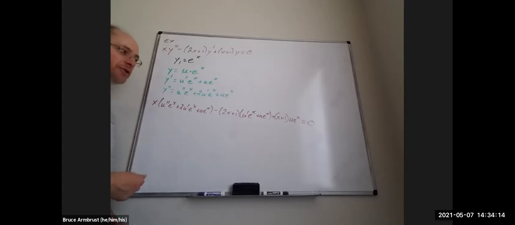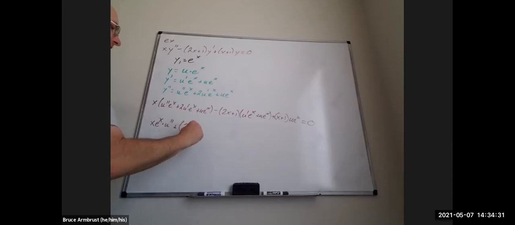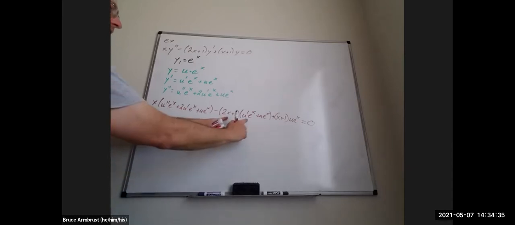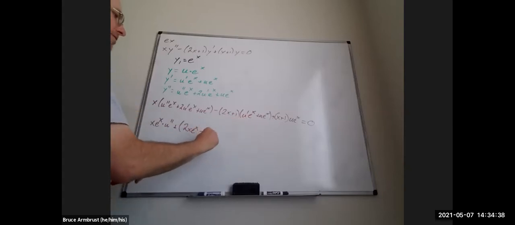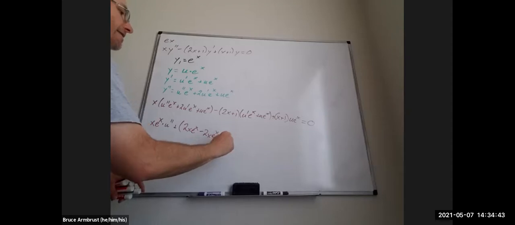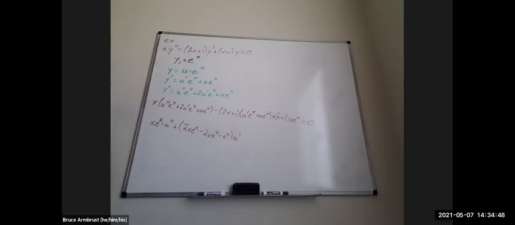And now let's group them according to u's. So for the u double prime, we're going to get x e to the x times u double prime. For the u primes, we're going to get 2x e to the x, that's this piece. We're going to get minus 2x e to the x plus e to the x, or sorry, minus e to the x, times my u prime.